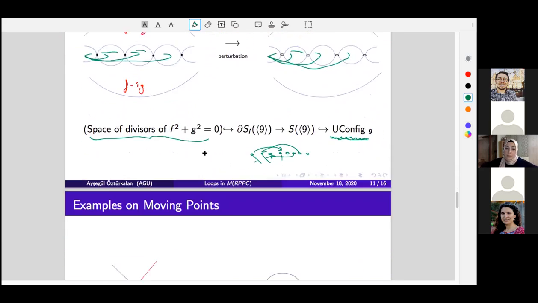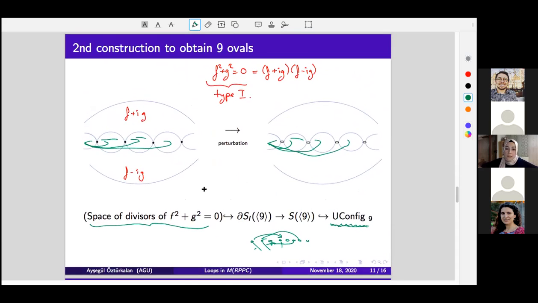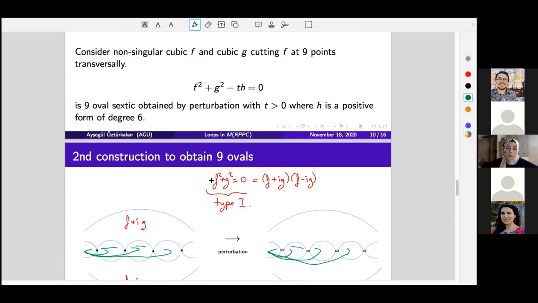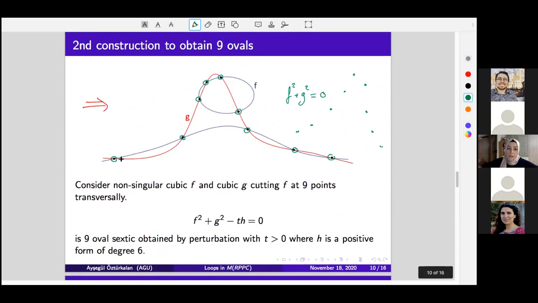What do I mean? Okay, I have more examples here. Here, I have this point, I have these points. But can I move this point to here by keeping F squared plus G squared equal to 0? In that space, can I move this point?